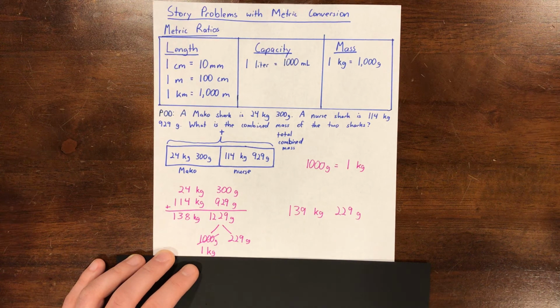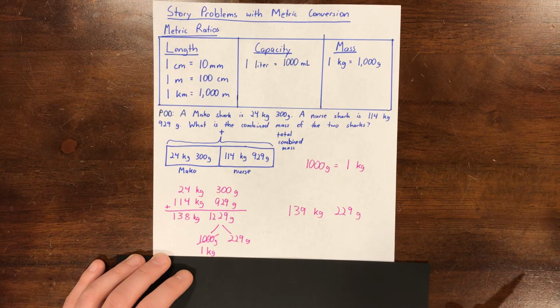All right, so what do we need to ask ourselves in order to figure out if we actually do need to regroup today? Say it out loud. Yeah, we can ask ourselves, do I have enough small units to regroup to a larger unit, right?